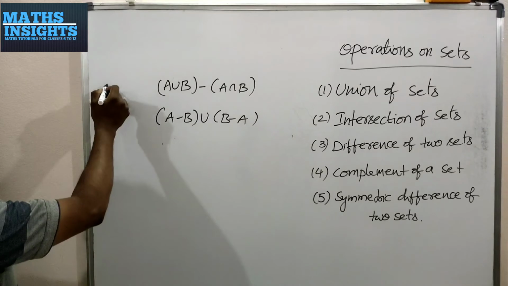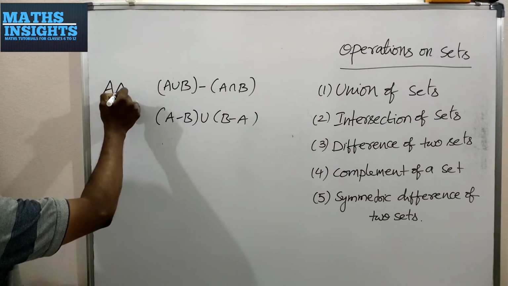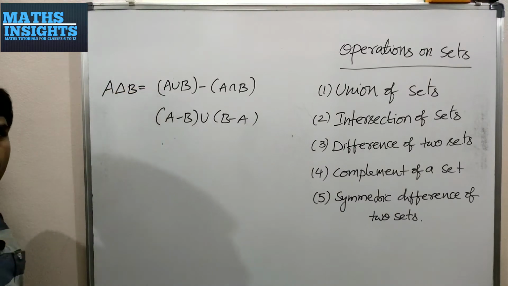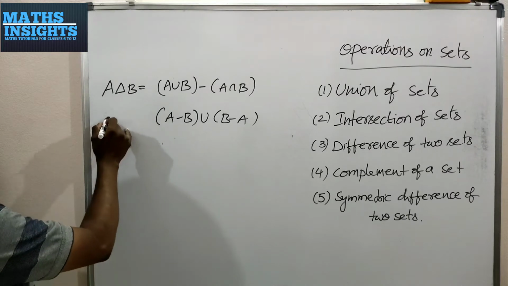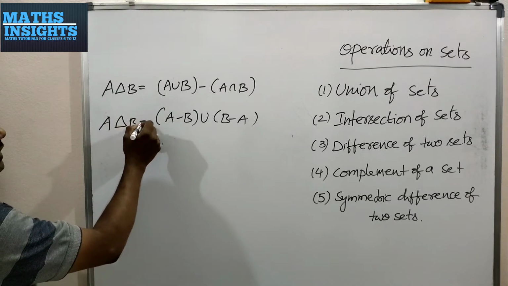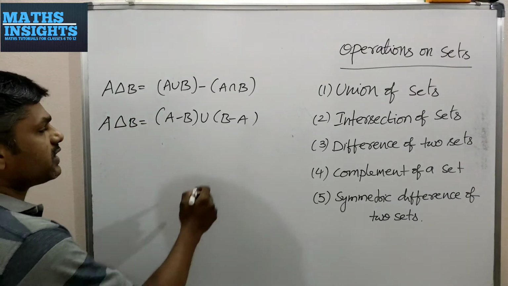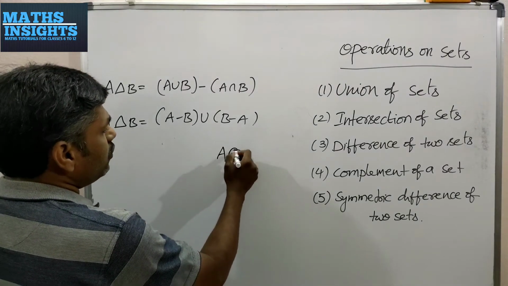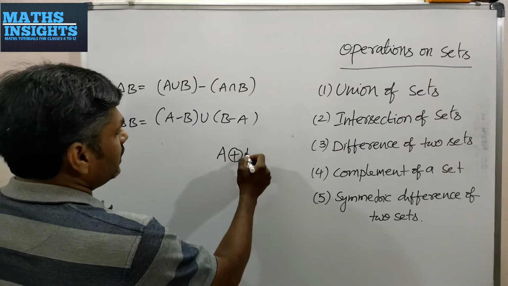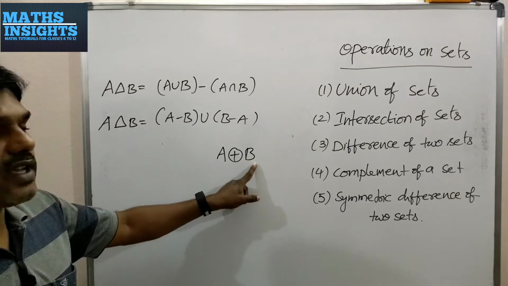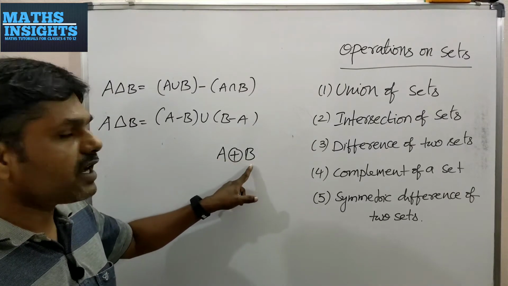It is represented as A delta B. In another way also you may represent it: you have to write a plus and circle, A symmetric difference B, otherwise the symmetric difference of A and B.